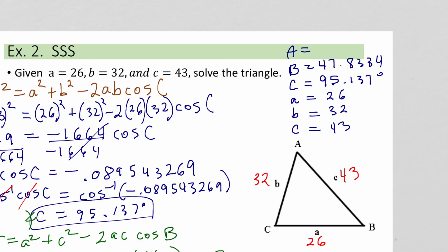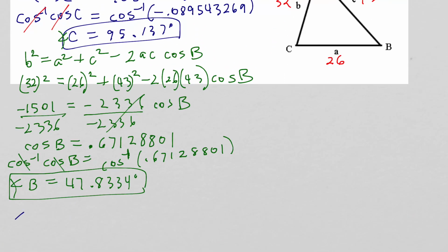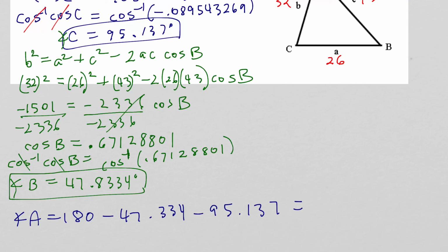The last thing will be to find the angle A, which I can do by subtracting from 180. Let's go down here and fit that in, my very last step. Angle A is 180 minus 47.334 minus 95.137, and you should get 37.03 degrees.